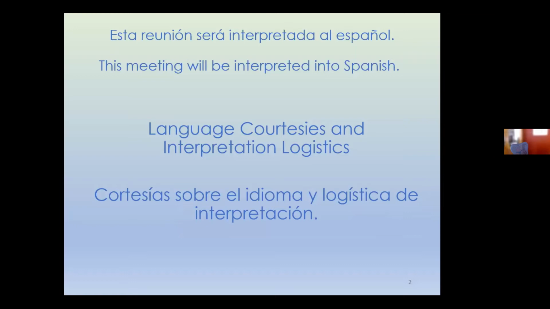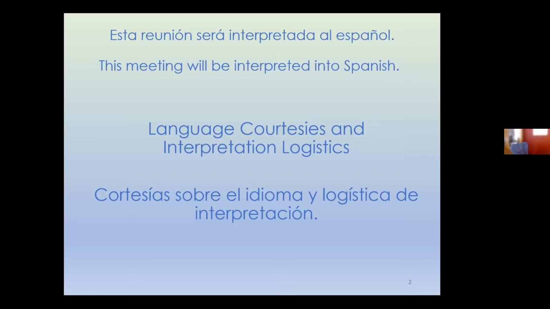Attendees, please select your preferred language for interpretation. On your computer, move your mouse to make sure the options at the bar at the bottom of your screen appear. You will see a small globe or atlas symbol. Click on that.